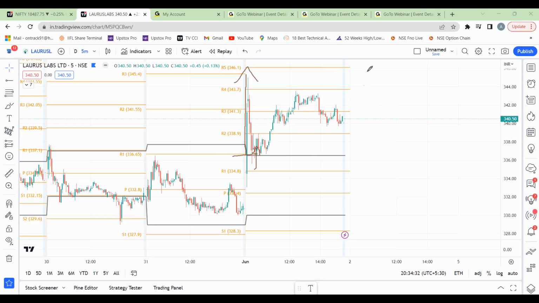Just in the opening session, stock moved by 4%. Option buyers will get huge profits in such trades when you enter at such levels. So stock went up, came down, retraced, and then again went up. So stock will be in good volatility, and the entire day it can give you profits on the buy side.